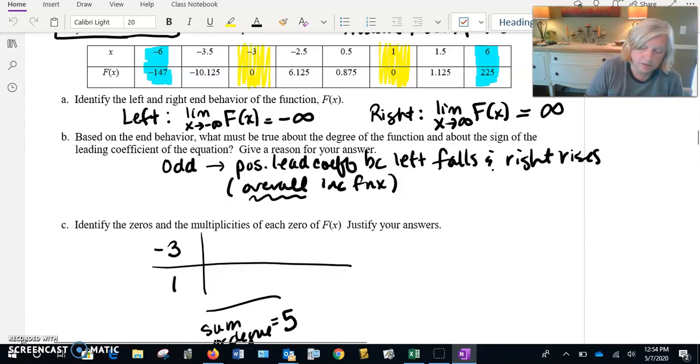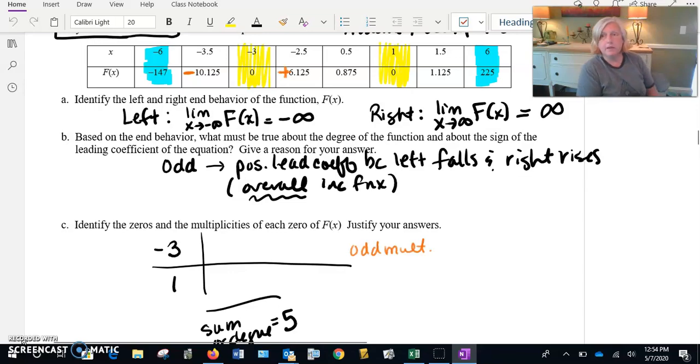So I'm going to look first at the -3. What I'm looking at is that before it's negative, and after it's positive. If I'm just looking at that behavior, and also the idea that there are no more zeros, then we know that we have changed signs at that point. So we know that -3 must have odd multiplicity.